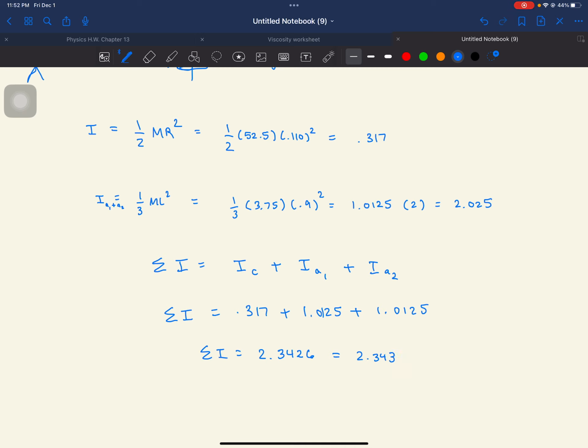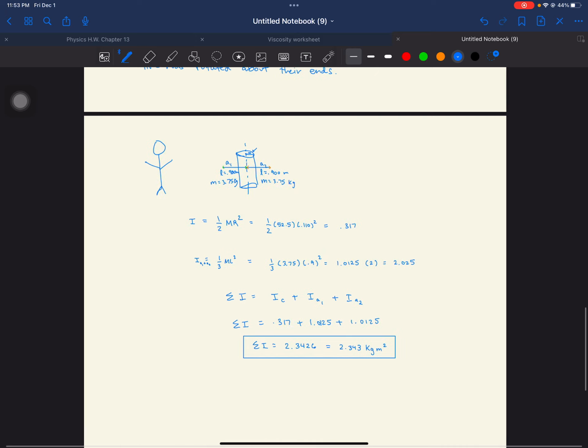Again, the units would be kilogram meter squared, because we're referring to moment of inertia. That would be the total moment of inertia of the whole skater.